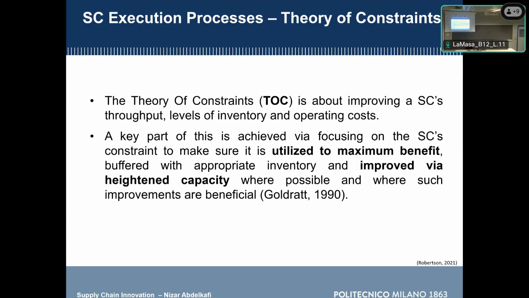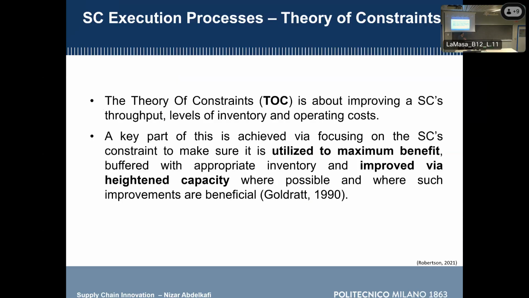You can read it as an evening read, a nice book without a lot of equations. The theory of constraints is about improving the supply chain's throughput, levels of inventory, and operating costs. The key part of this is achieved by focusing on the supply chain's constraint to make sure it is utilized to maximum benefit, buffered with appropriate inventory, and improved with heightened capacity where possible and where such improvements are beneficial.